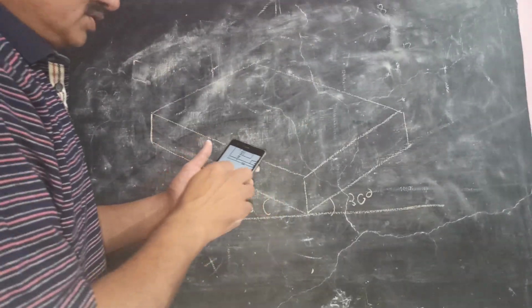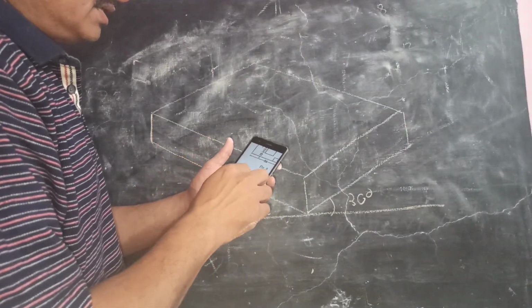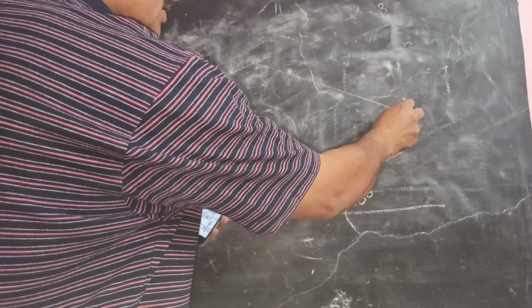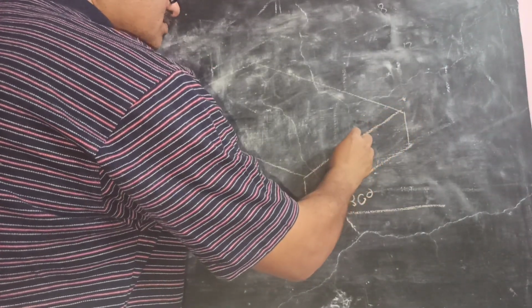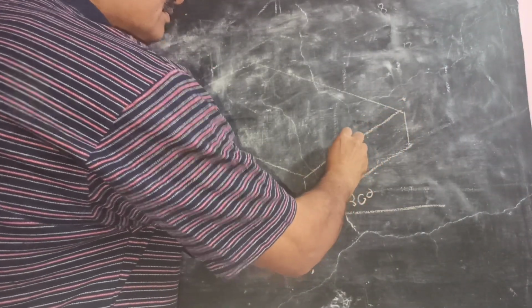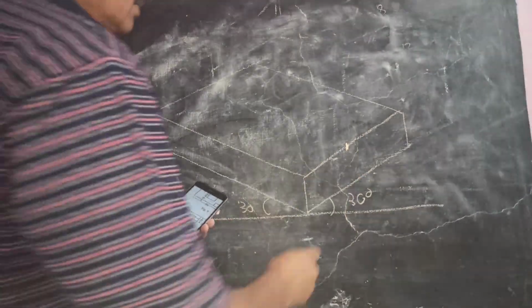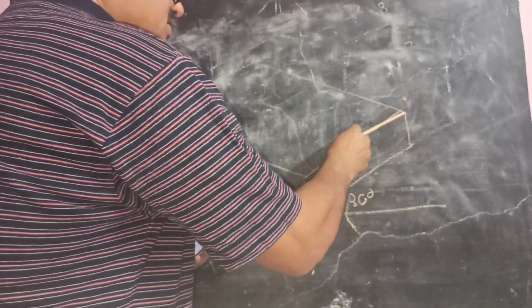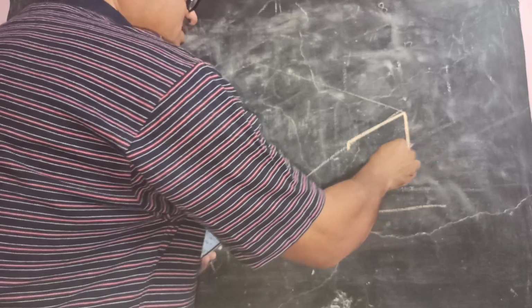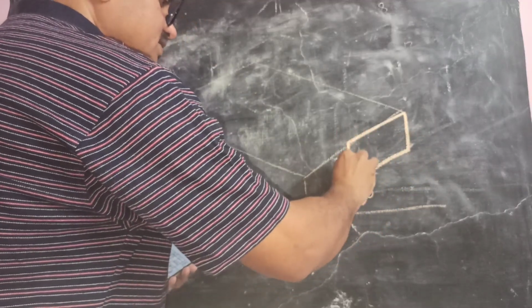So let us start with this. This is 16. So from this corner, mark this point as 16. Okay. So this is 16, this is 8, this is 16. Up to 16 it is straight.